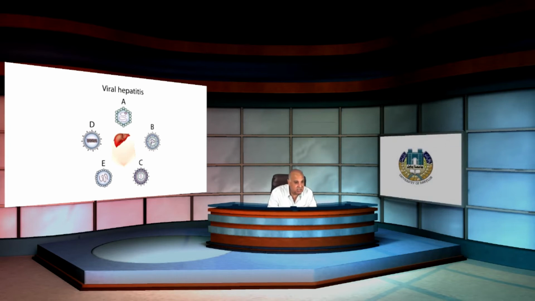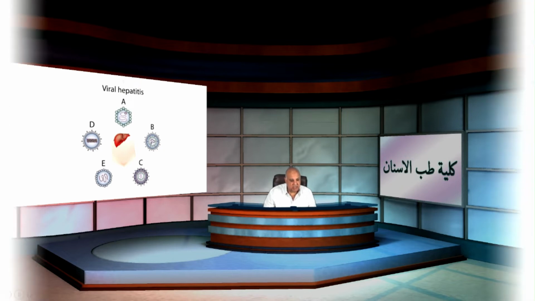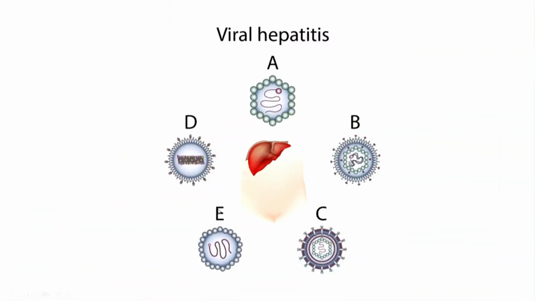The same thing applies to hepatitis type C and also type D. Type A and type E can be transmitted through the oral-fecal route, and the others, B, C, D, can be transmitted by the blood and blood products. There's another type which is called hepatitis type G, but it is very rare, and it usually occurs through blood transfusion.